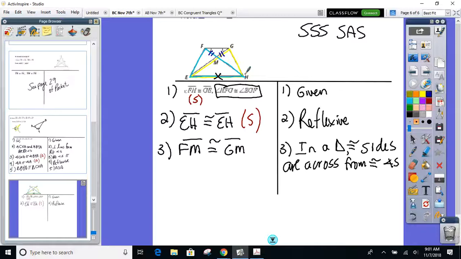Try to avoid proving another pair of triangles congruent, please. I know some of you may have that idea. Not yet.